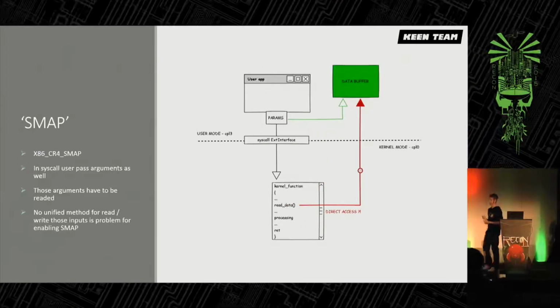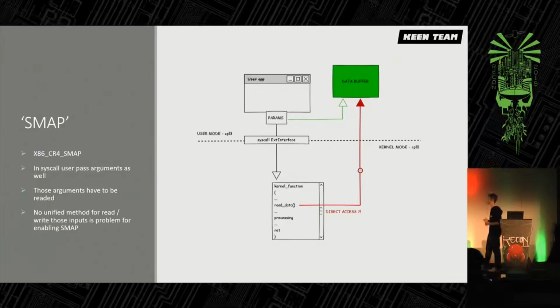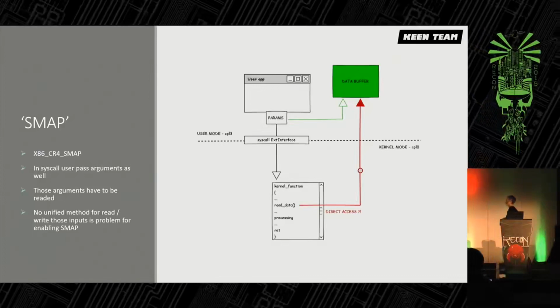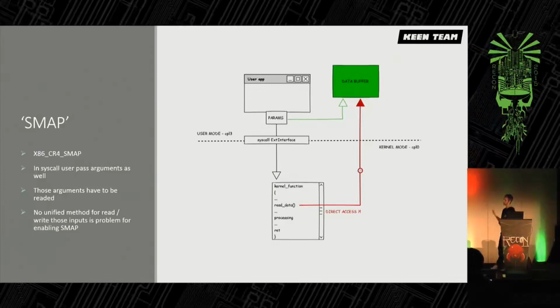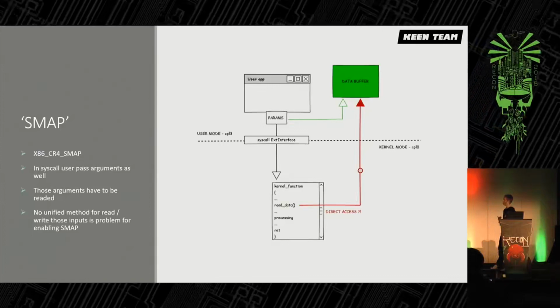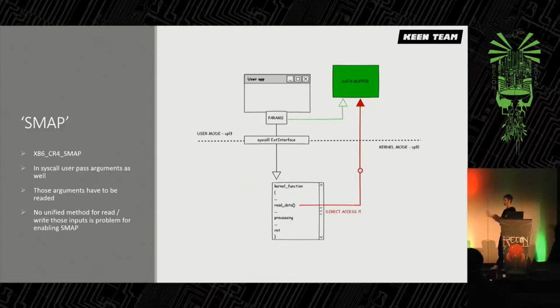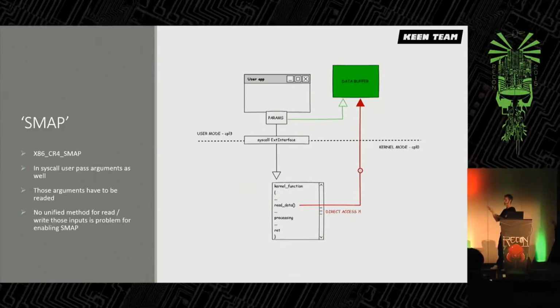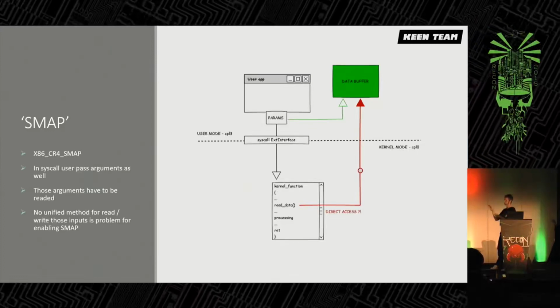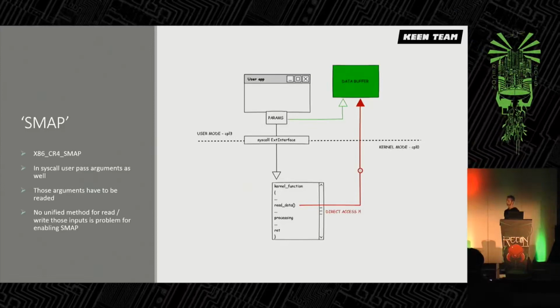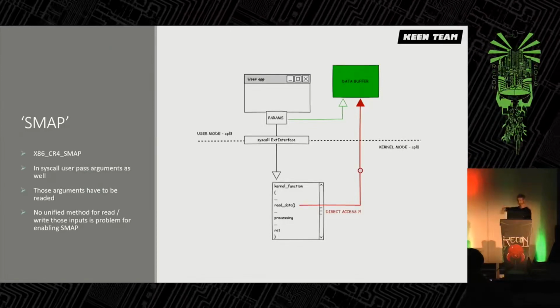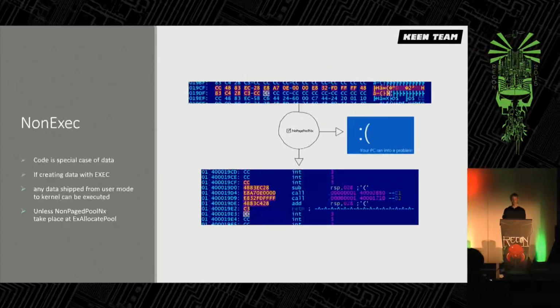And also, okay, SMAP is not enabled yet on Windows, but let's say it is. So we also have the problem that when we execute supervisor mode code and want to touch some data in user mode, we cannot, because it resides in user mode. So we have to read data from user mode, or map it from user mode to the kernel, and then you can read it.